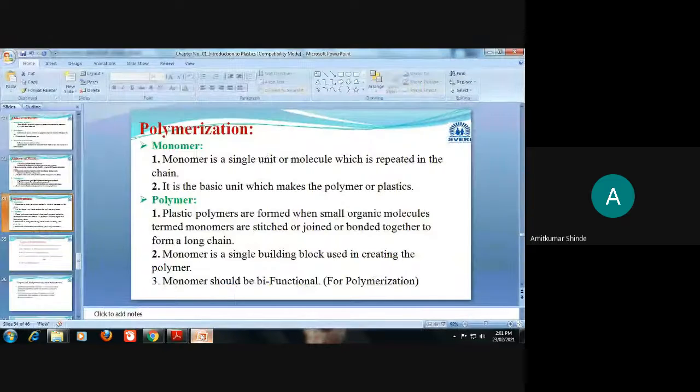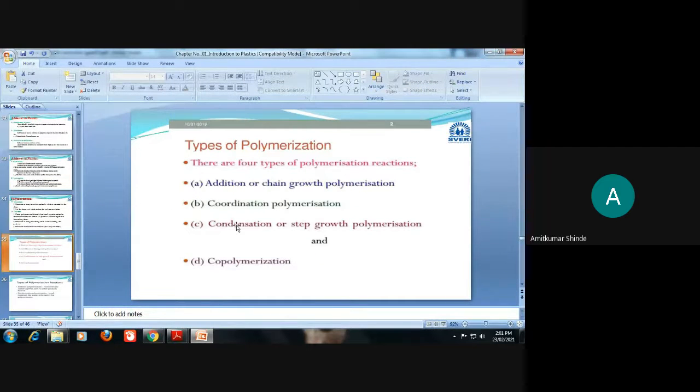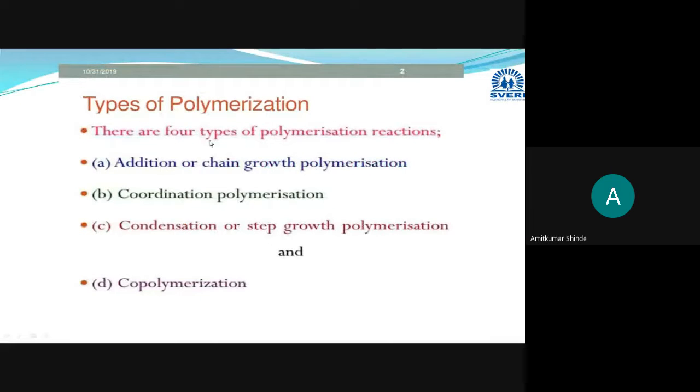Now in some books, I have collected one slide here. In some books, or if you go through some internet sources, you will find that polymerization is classified in four types. Already I have discussed these two, point A and point C, that is addition or chain polymerization, and condensation or step polymerization.